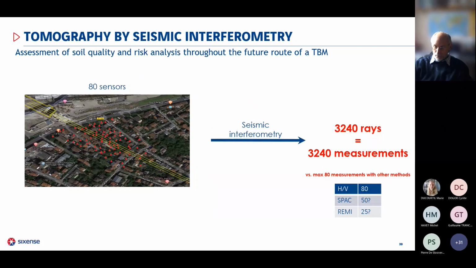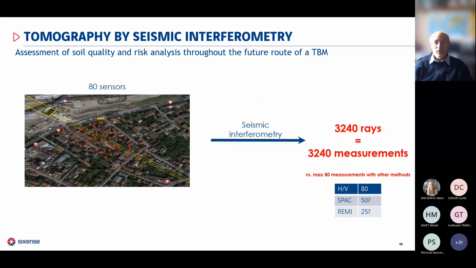Okay, so now with a typical project, as this one here, with 80 sensors, we have more than 3,000 measurements, equivalent to 3,000 pairs of receivers. And by the way, with such a network, we could have 80 measurements maximum with the other methods that were cited earlier.